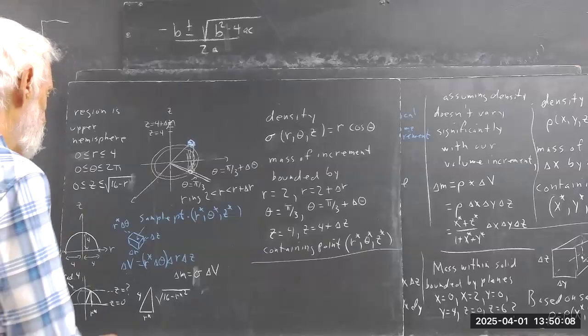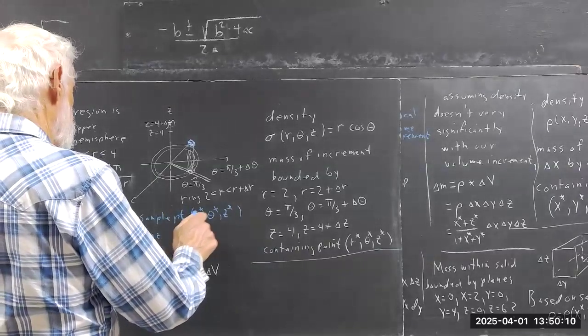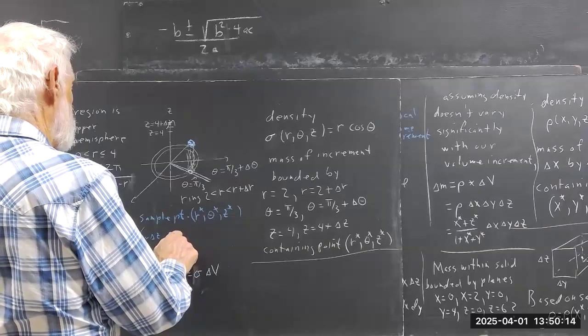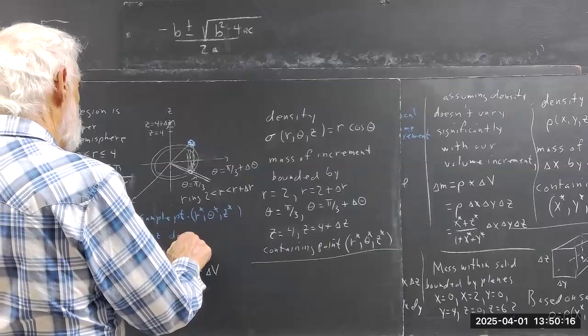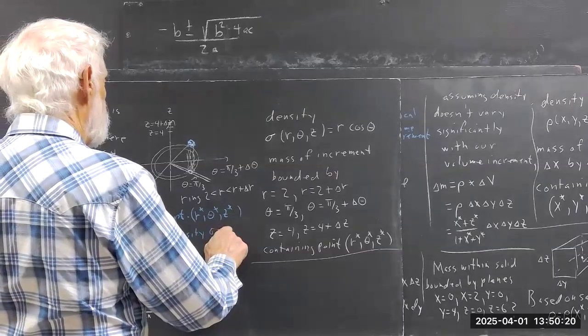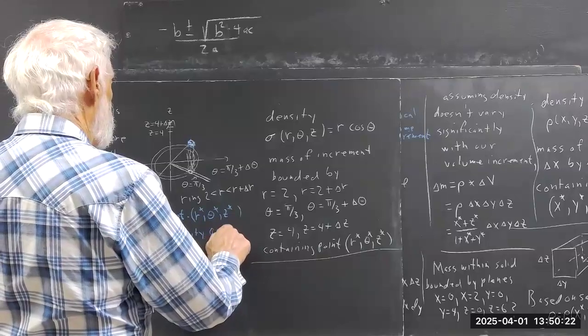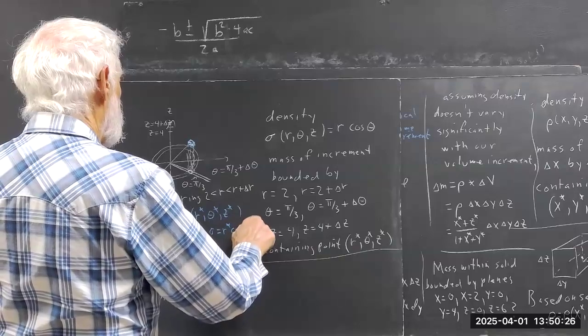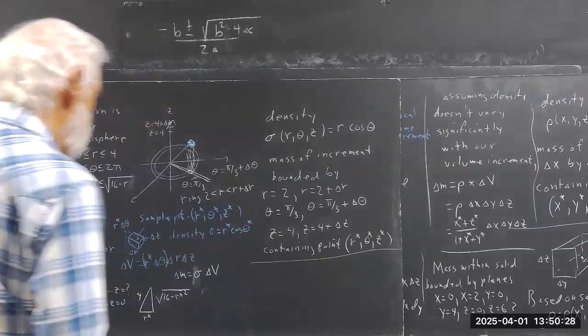So the density is sigma equals R star cosine of theta star.